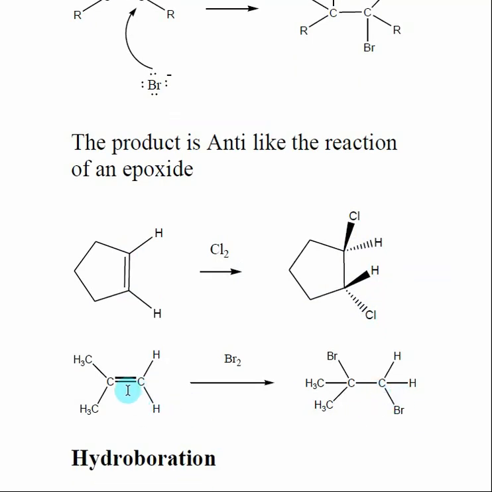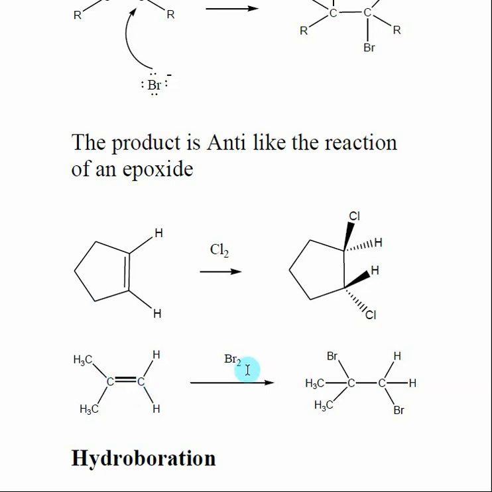So here we look at another example of it. Remember that we're going to be talking about a few reactions that involve a double bond. The reagent tells me what reaction's going on. So I start with a double bond, I react it with bromine, and the question is, what's my product here? The bromine tells me I'm doing a bromination. So I ask, what do I have to do to my reactant to make a product? In this case, I break the double bond, I form two single bonds. What goes on those single bonds?